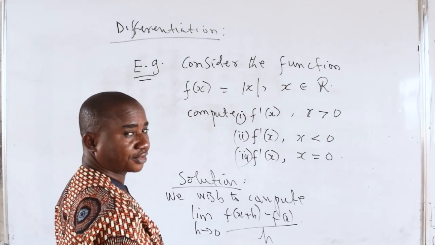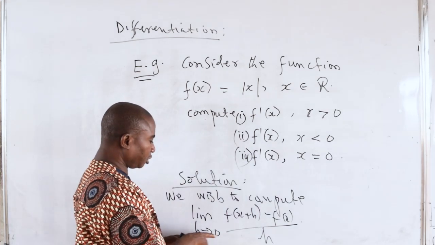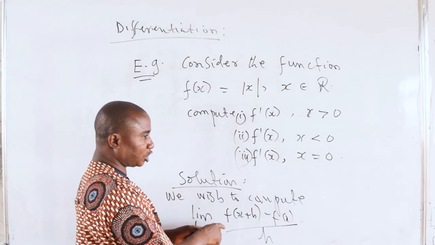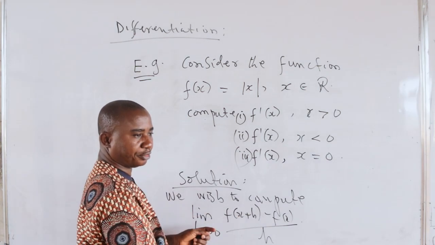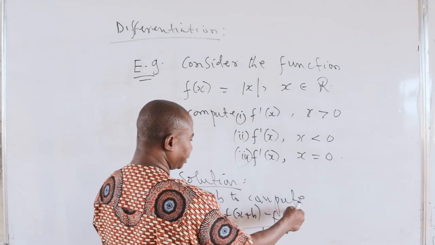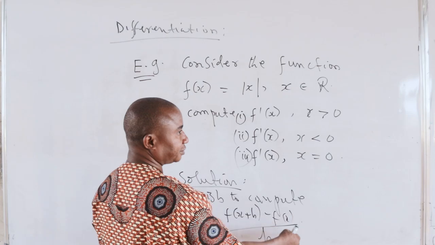I wish to emphasize something, please. Some students make the mistake of carrying limit all through whenever they want to compute the limit. It's wrong. What is right is first evaluate this quotient.